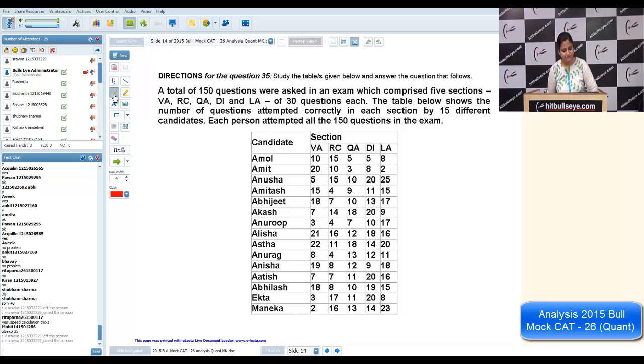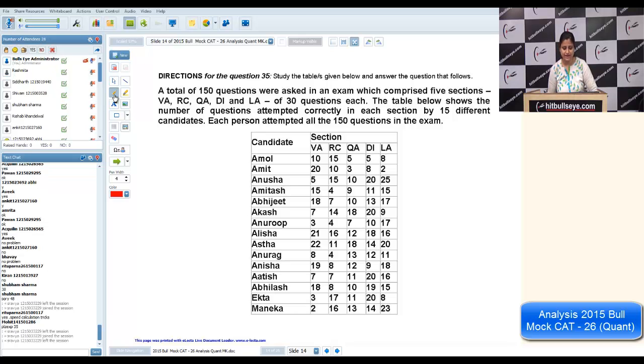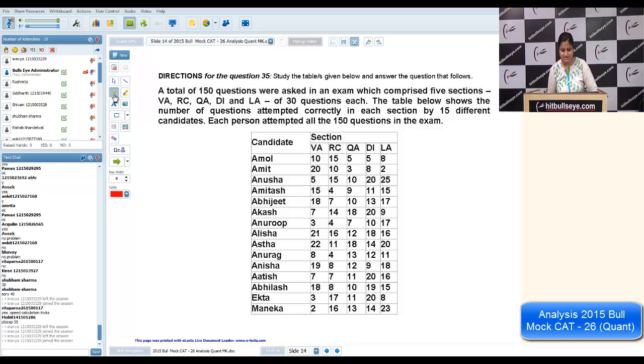There were 150 questions asked in an exam, which comprised 5 sections of 30 questions each. There is a table given which shows the number of questions attempted correctly in each section by 15 different candidates. Each person attempted all the 150 questions in the exam.